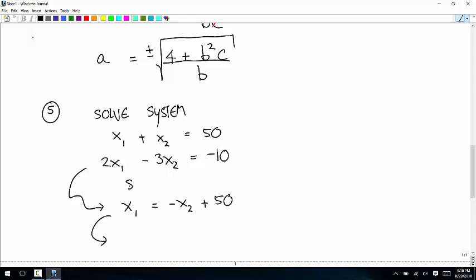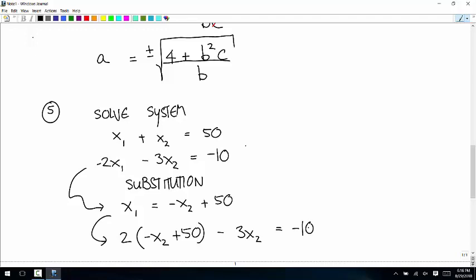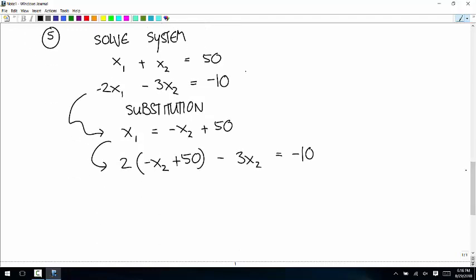So what I'm doing here is substitution. So we have 2 times the quantity negative x2 plus 50, minus 3x2 is equal to negative 10. And now I'm going to multiply everything in the parentheses by 2.